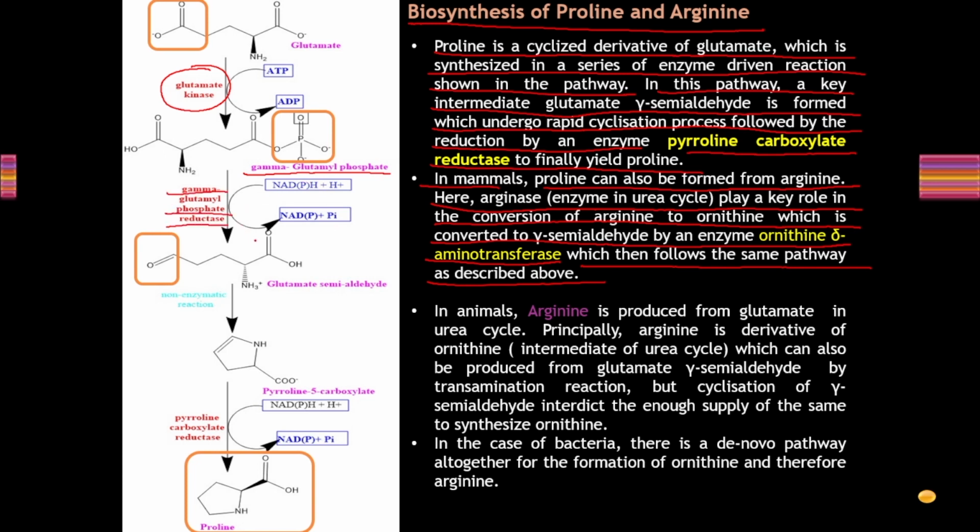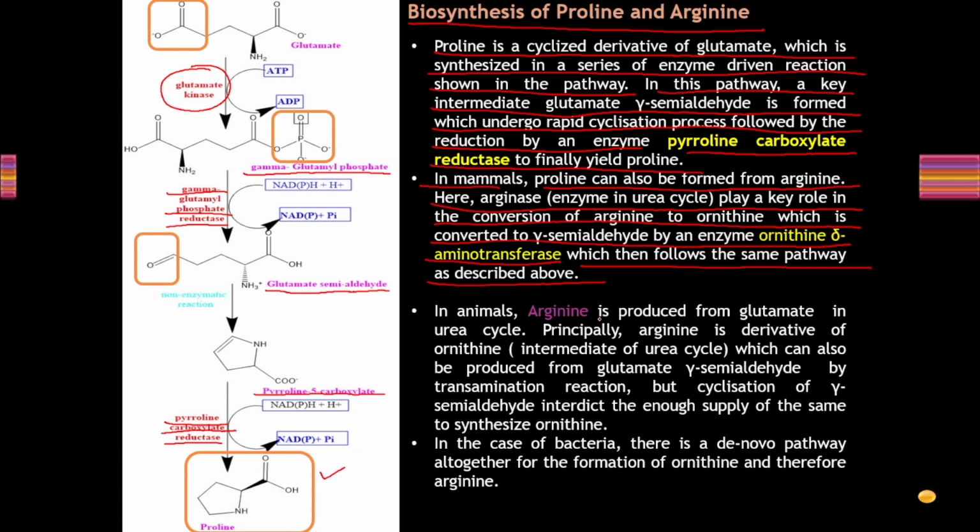So it is going to be reduced, and that's how it forms glutamate semialdehyde. As soon as the glutamate semialdehyde is formed, it is going to get cyclized to give you pyrroline 5-carboxylate, and pyrroline 5-carboxylate goes for another round of reduction by the enzyme called pyrroline carboxylate reductase, and as a result it forms the proline.